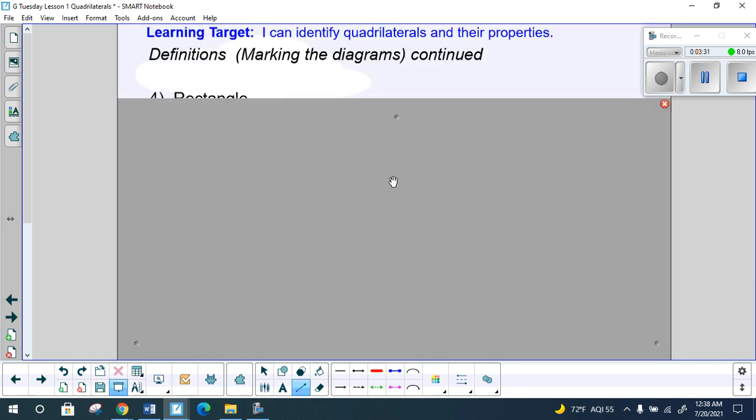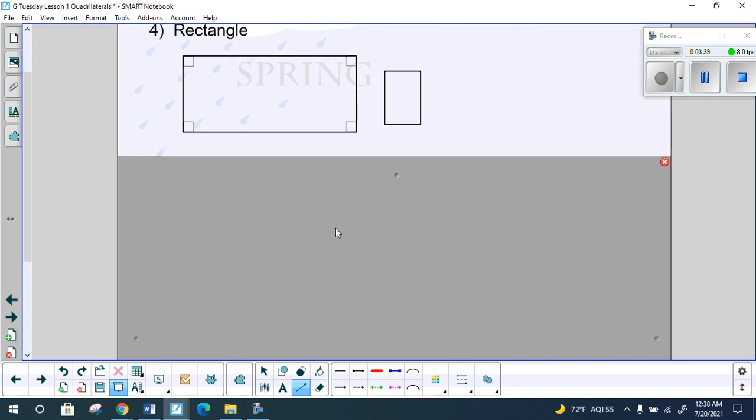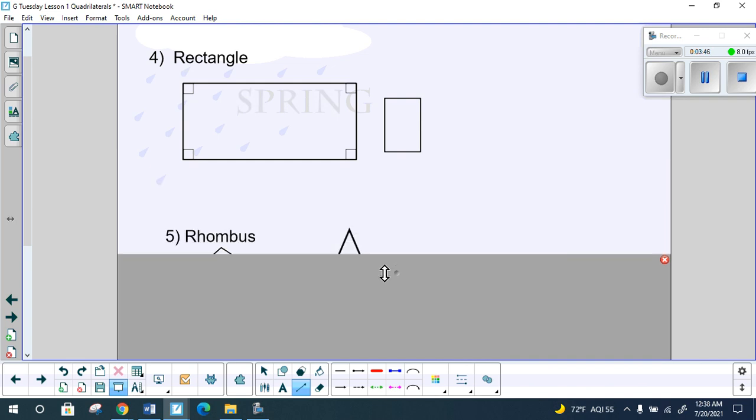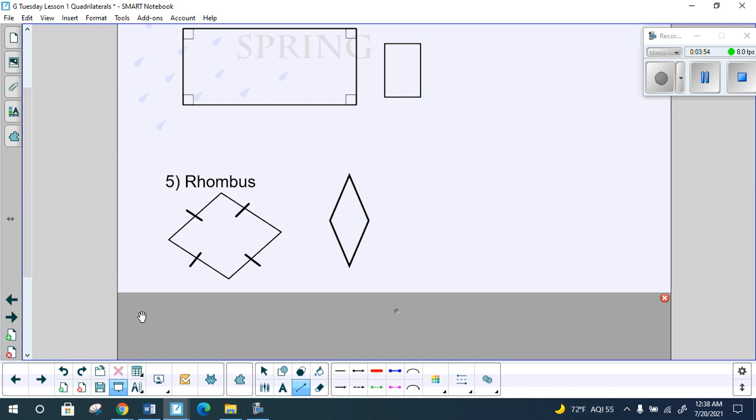So the next one was a rectangle. A rectangle, by definition, is a quadrilateral that has 4 right angles. So 4 equal angles, all the angles equal each other. A rhombus is a quadrilateral where all the sides are equal to each other, not necessarily the angles, but the side lengths.